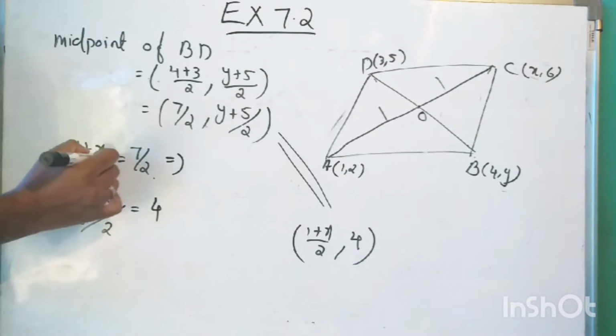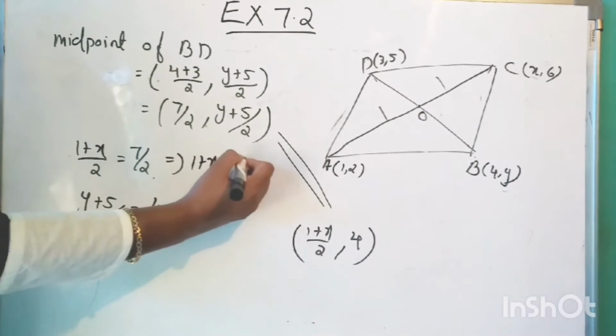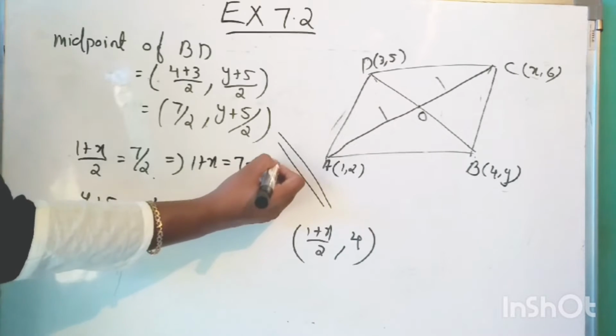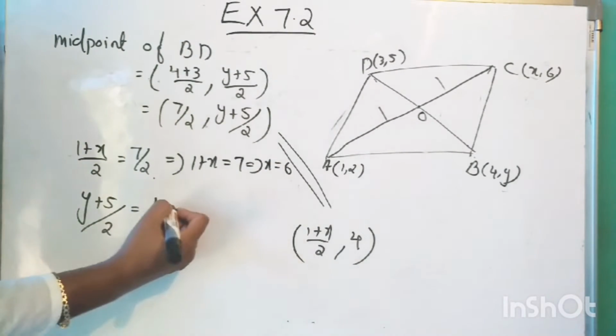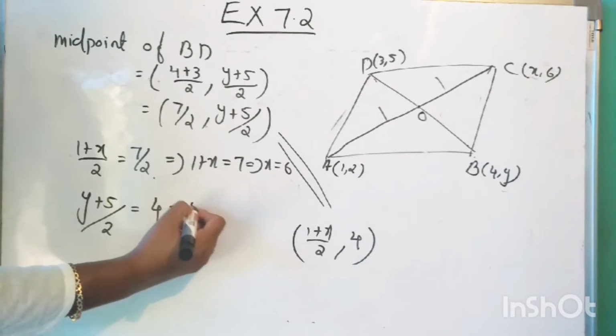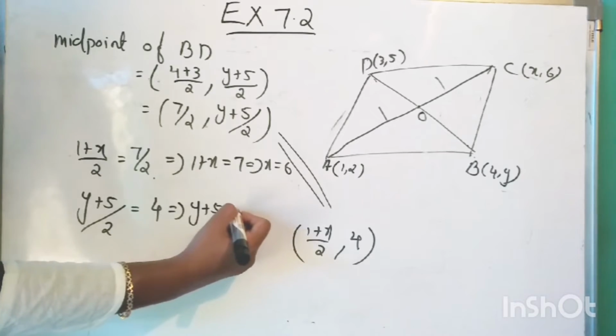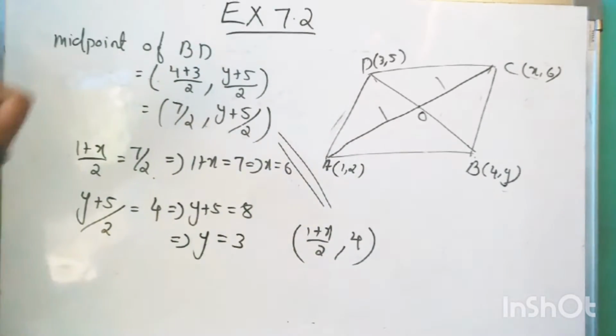The 2s cancel, so 1 + x = 7, which implies x = 6. Next, (y + 5)/2 = 4 means y + 5 = 8, which implies y = 3.